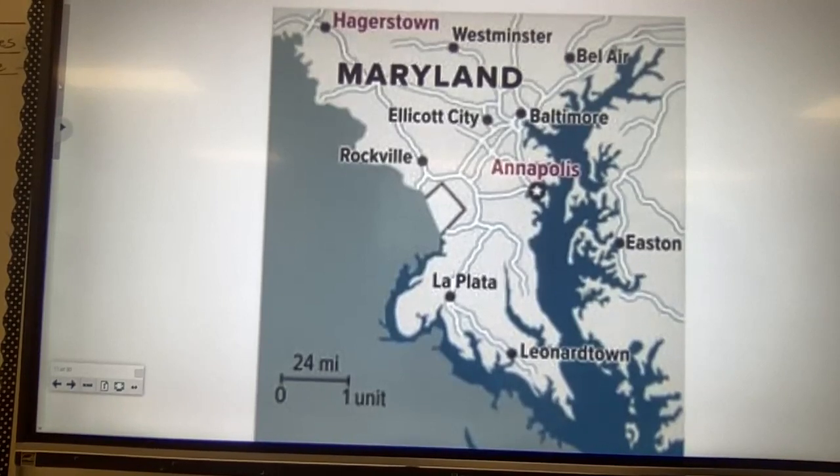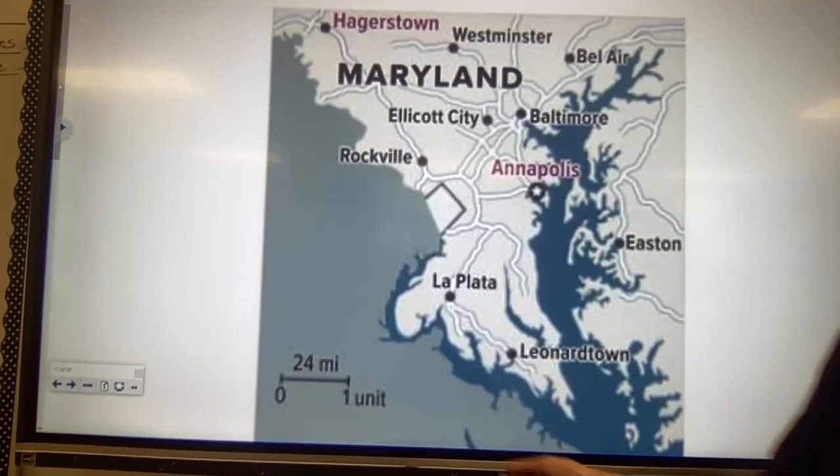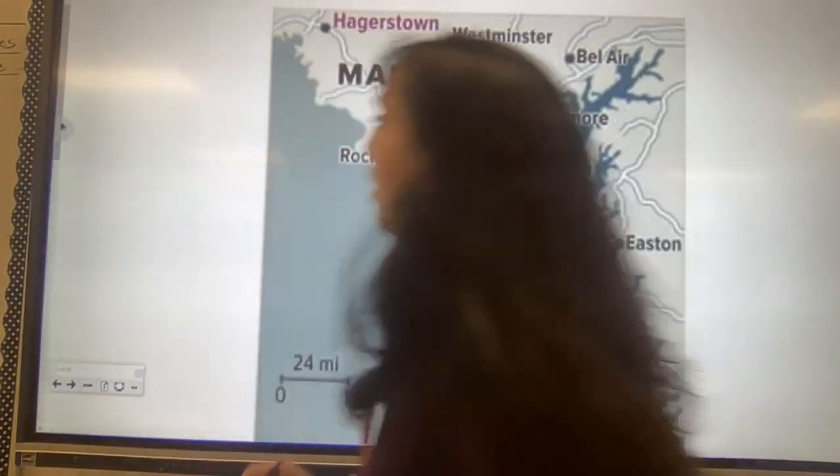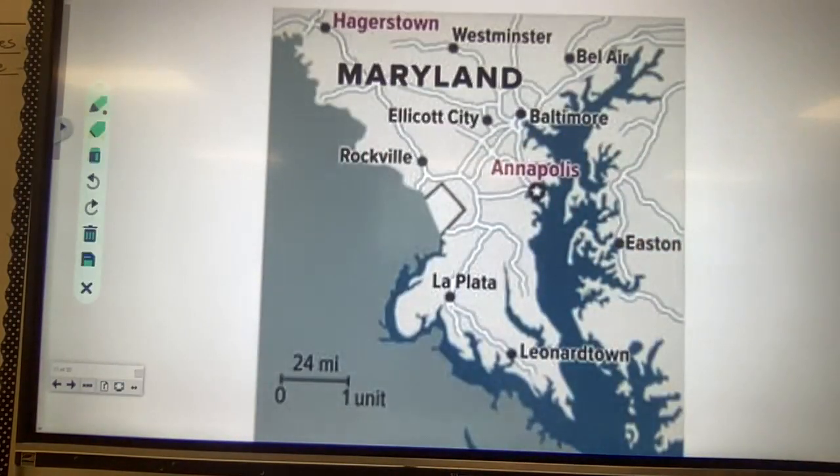So now it's asking to use the scale of the map to find the actual distance between Hagerstown and Annapolis. So we can see that the distance between the two cities on the map is 4 units. Okay. And so now what we are going to do is talk about the measurement on the map to the real amount. And so we can write this down using equivalent ratios.